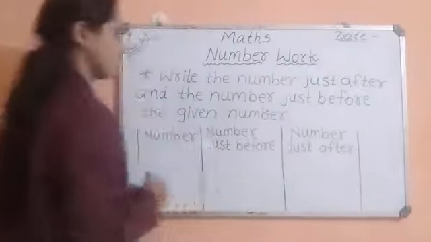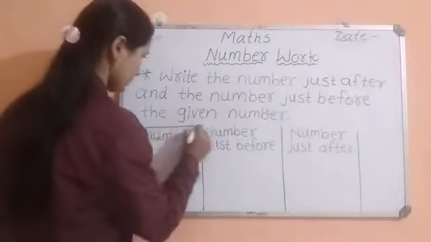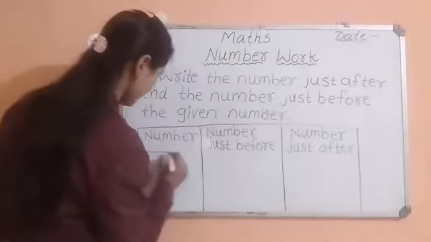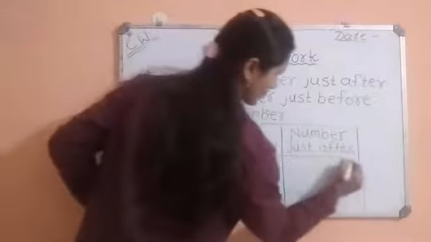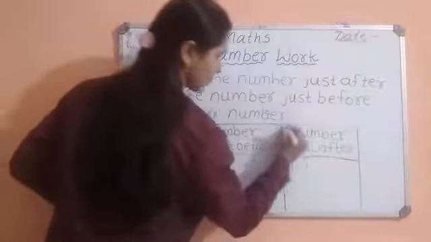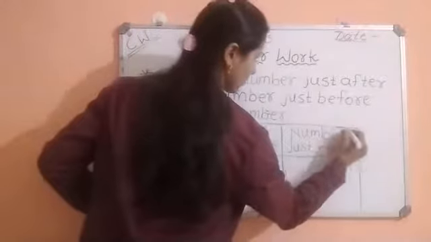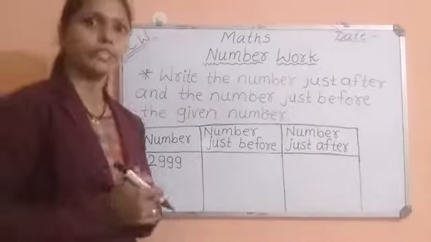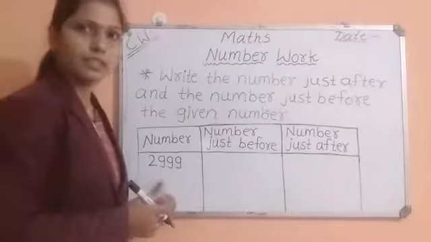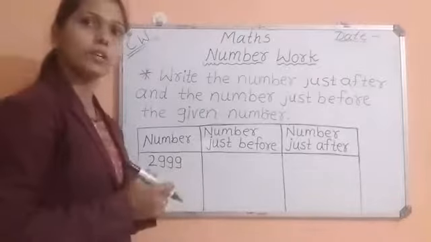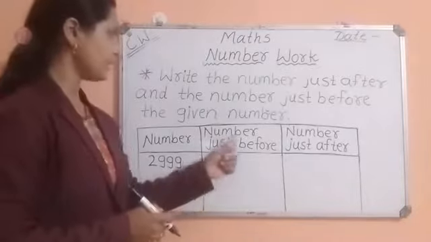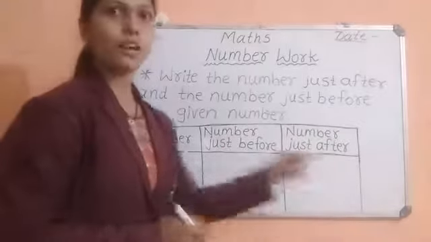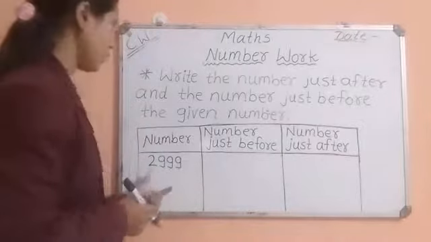Like this we have to solve this question. Now you can see a number is given in this table, and in front of that you have to write the number just before and number just after.